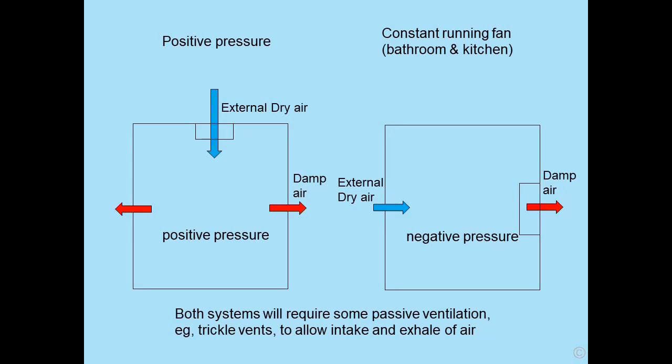Constant running fans in bathrooms and kitchens are actually producing a negative pressure. They're pulling out the damp air, and the external air is coming in via vents. Both systems require some passive ventilation to allow the intake and exhaust of air.